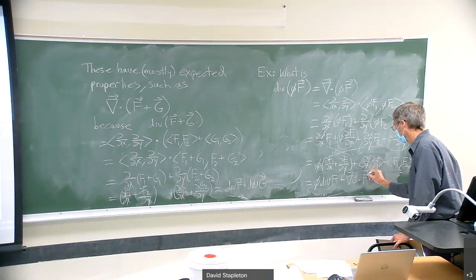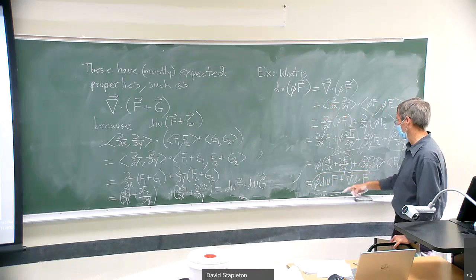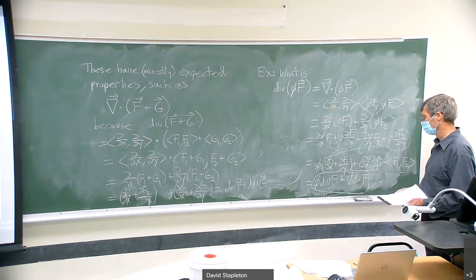And so there are some other not so obvious rules like this one. You have the divergence of the scalar times f, it has this right up.